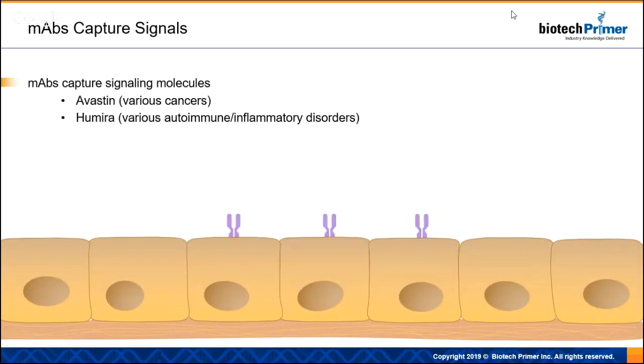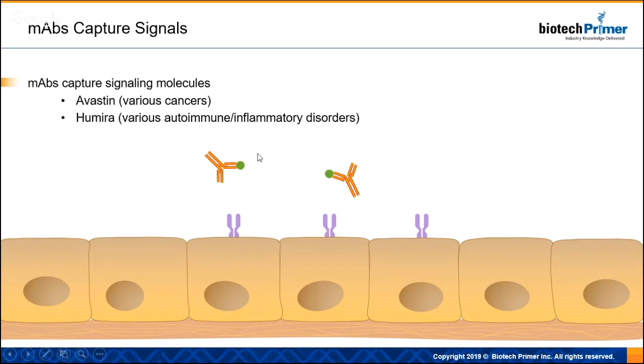Antibodies can also stop cell signaling simply by capturing the signaling molecule before it ever reaches the receptor, as shown here. Two examples of drugs that do that are Avastin and Humira. What Avastin does is capture a growth factor that's actually secreted by tumor cells.